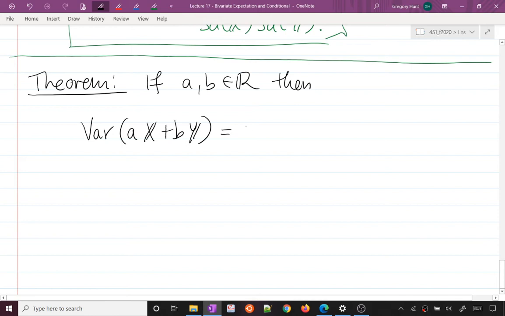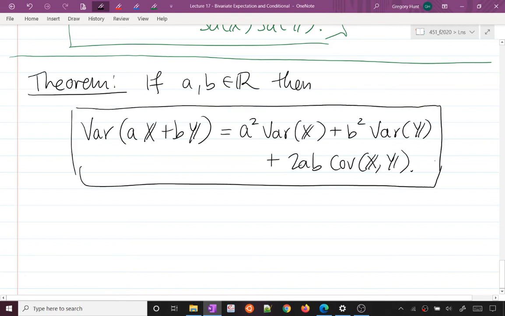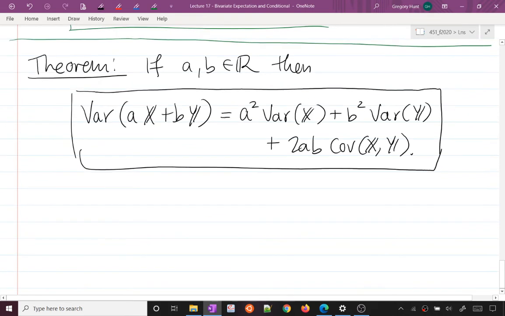This is going to be a squared times the variance of x plus b squared times the variance of y plus 2ab times the covariance between x and y. Burn that fact into your memory. So the variance of the sum of two different random variables is obviously related to the variance of x and the variance of y, but it's also related to the covariance. How much do they vary together?